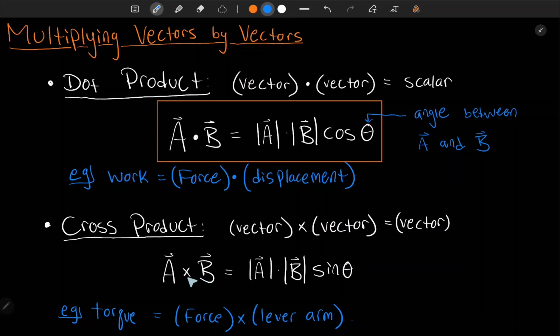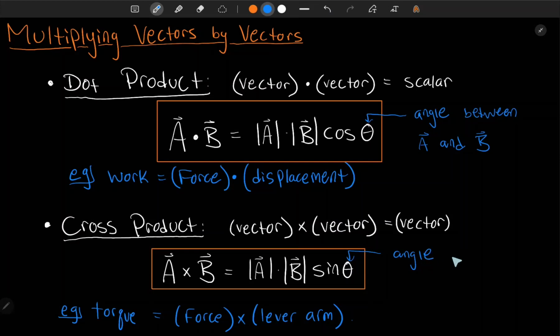The formula for this is A cross B is equal to the magnitude of A times the magnitude of B times the sine of theta, where again, theta is the angle between A and B. So if you know the angle between these two vectors, and you know their lengths, you can compute their cross product. An example of this is torque.